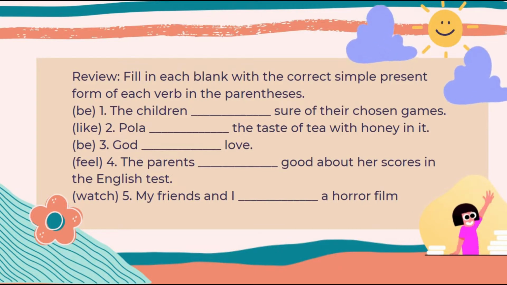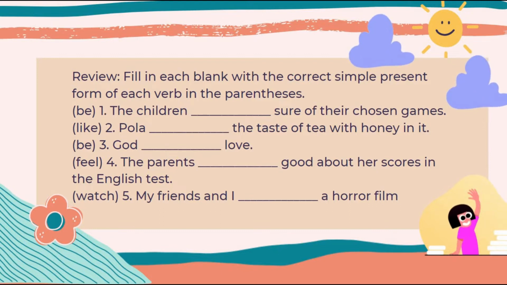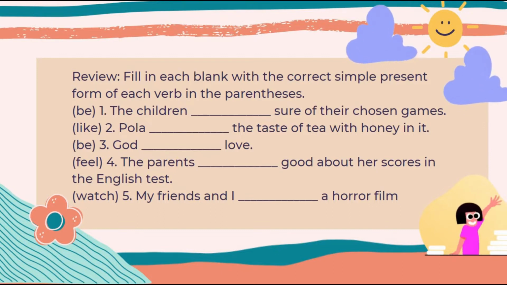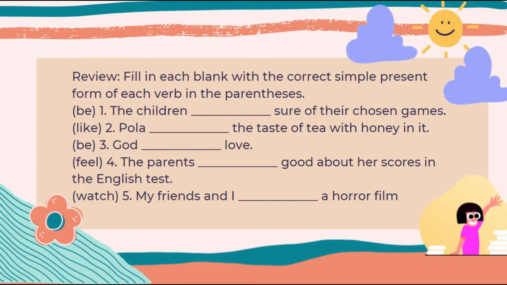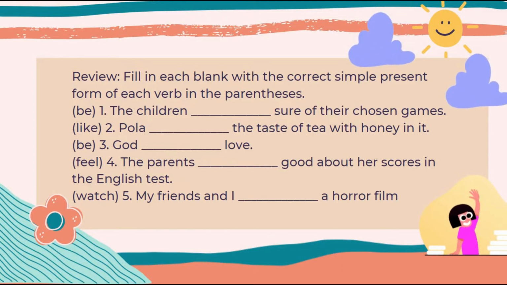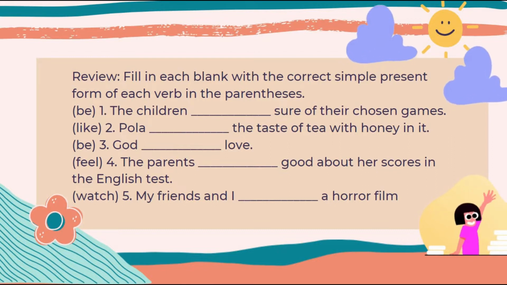And finally, number 5. What is the correct verb for this sentence? My friends and I blank a horror film. What's your answer? Yes, you're correct. The answer is watch. I can see that you have really mastered the correct usage of verbs in the simple present tense.